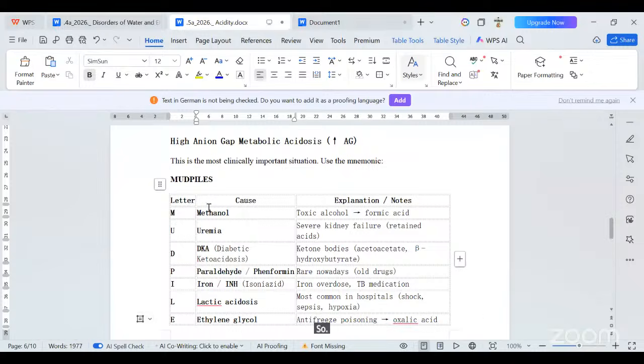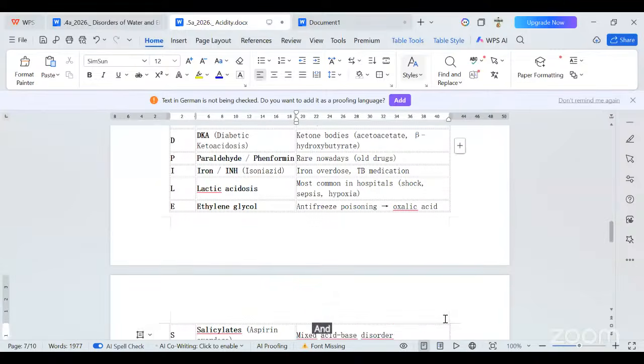This is the meaning of the acronym MUDPILES. And each of these letters shows us the clinical cause and the physiological state.